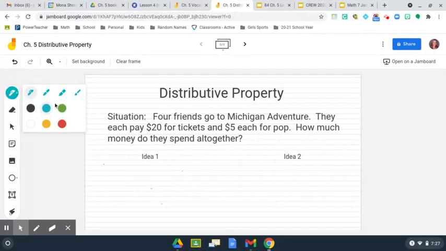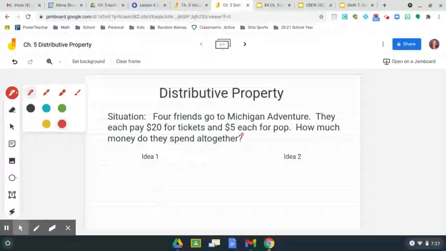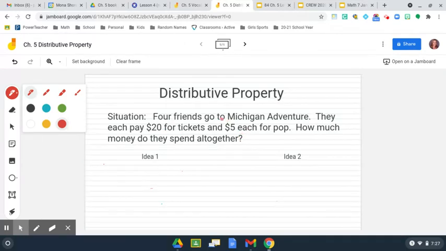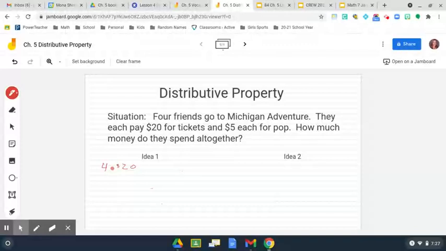So I guess what I want to talk about first is just think about how you would figure this out in your head. If there's 4 friends going and each one is going to pay $20 for tickets and each one is going to pay $5 for pop, in your head, I'm sure you're thinking, well, I'm going to take 4 and multiply it by the $20, right?